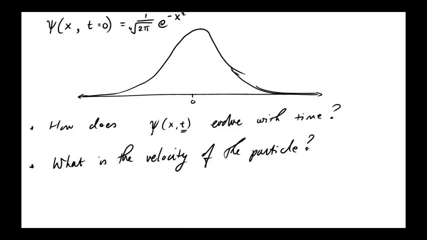So how would you measure the velocity of the particle? Normally, classically, you would see where it was at time t, and then see where it was at time t plus delta t, and look how far it went in that small interval delta t of time, and divide distance by delta t and get the velocity.